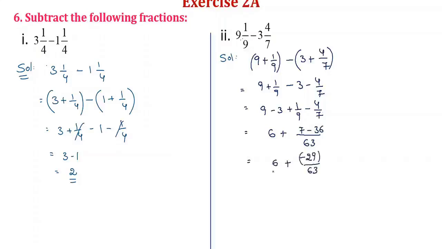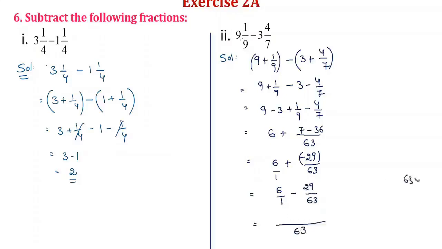minus 29 by 63. Now again here, since it is minus, we have to convert it as the subtraction of two fractions. So this is 6 by 1, which is now it is plus into minus, minus 29 by 63. Again you have to take the LCM here. 1 63s are 63 is the LCM. Now how many times it divides? 1 63 times.